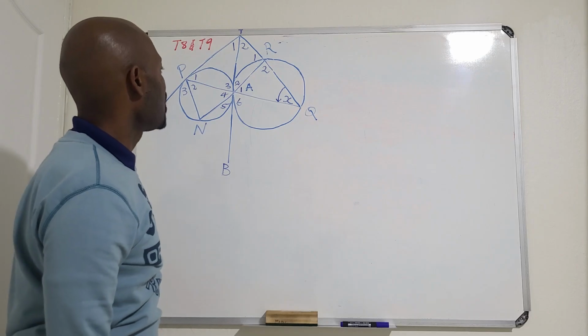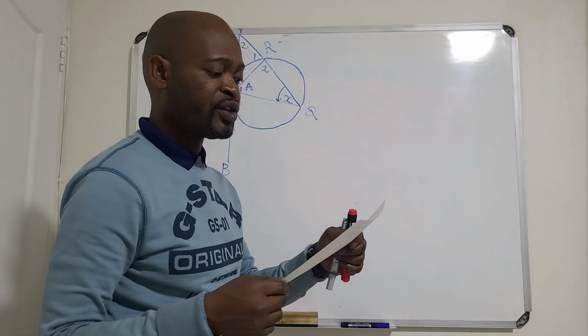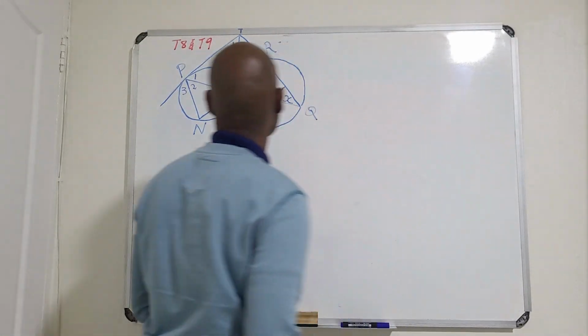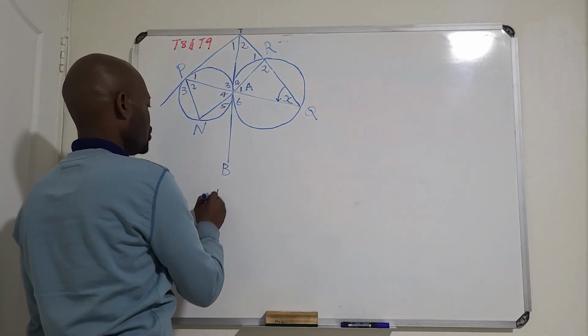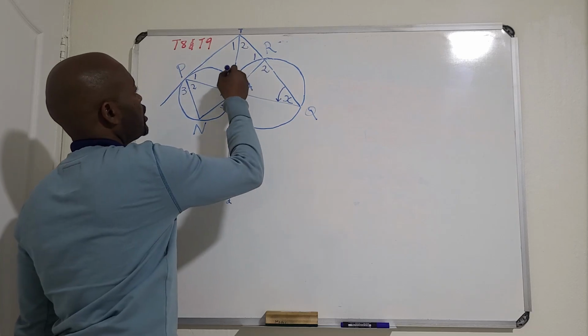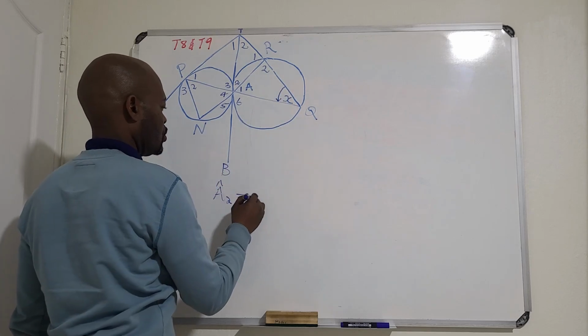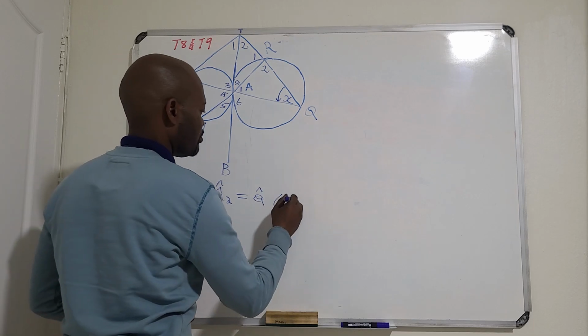Now, they want 3 other angles, name 3 with reasons, 3 other angles equal to x. Now, I can see that angle A2, which is this angle, is equal to angle Q. Reason? Tan chord theorem.